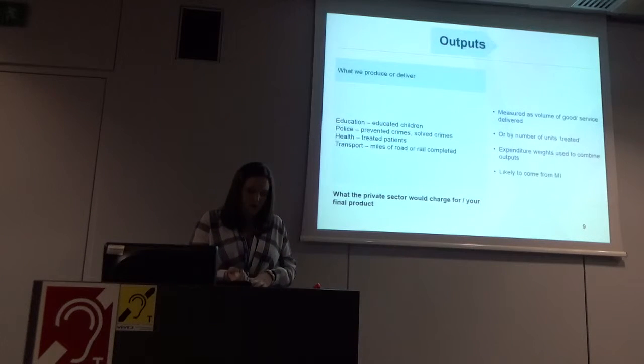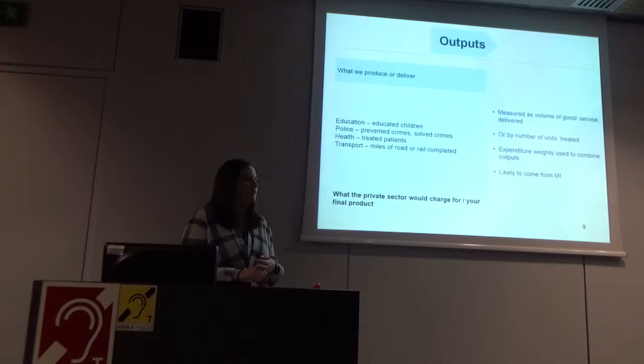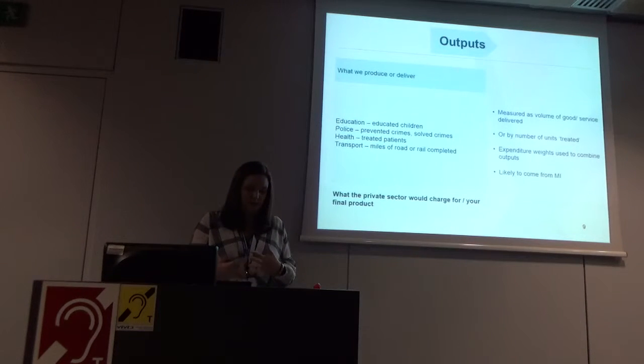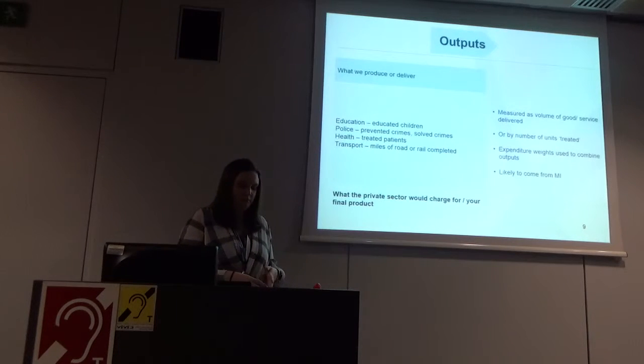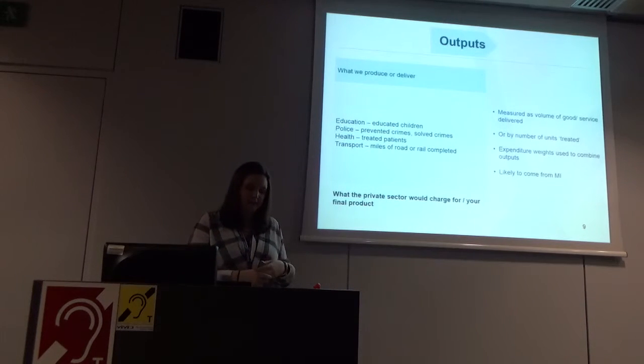And again, like the inputs, we're looking for a volume measure, so it might be the number of people who are now cycling to work. It might be the number of children who've been educated. It might be the number of prisoners who've been both punished and rehabilitated. It might be, in an environment sense, the number of people now living in insulated homes.